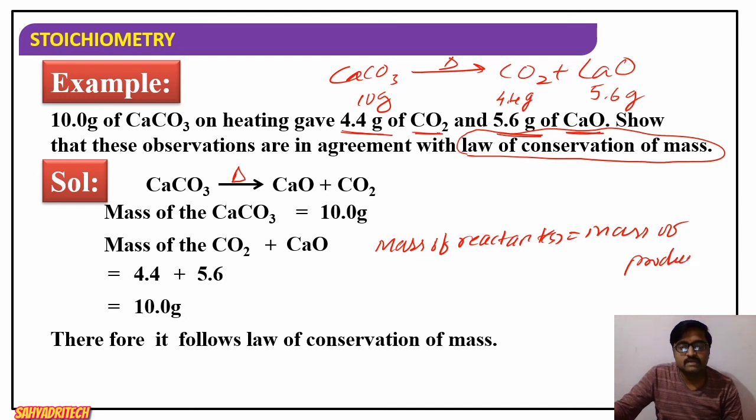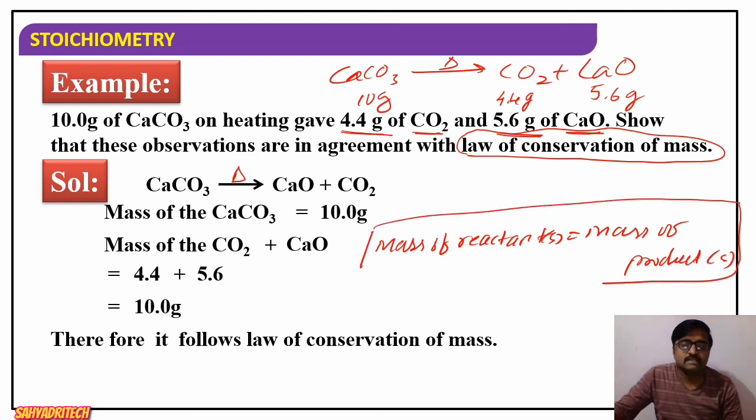Yes or no? Here also we can analyze this. Therefore, I can say that it also agrees with the law of conservation of mass. Please go through the statement, and that example is very important.